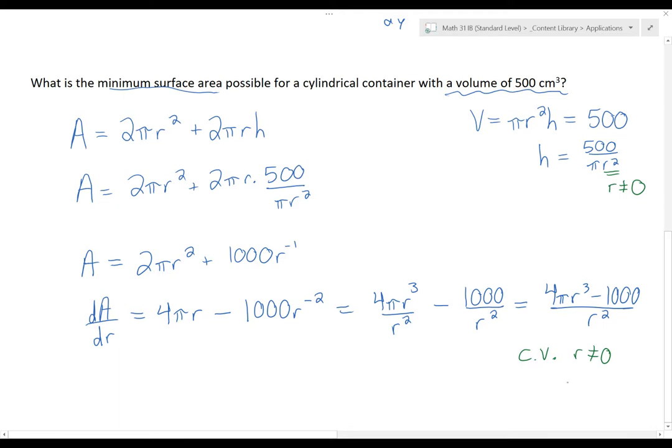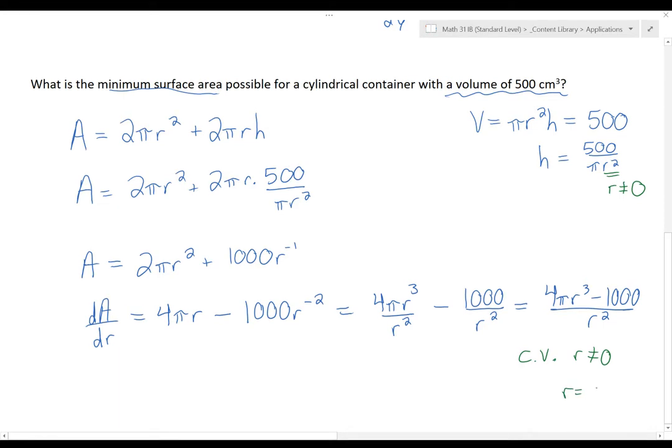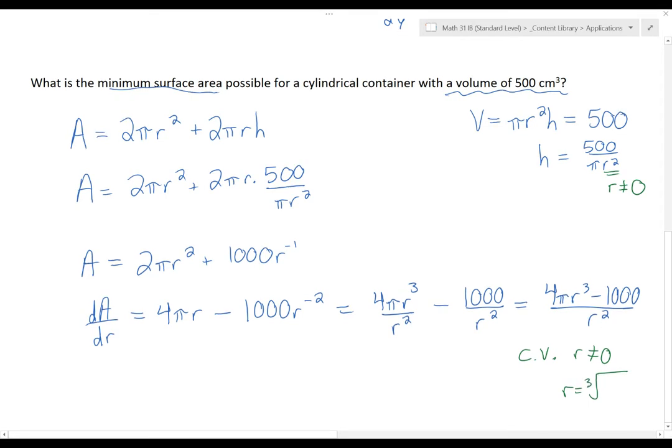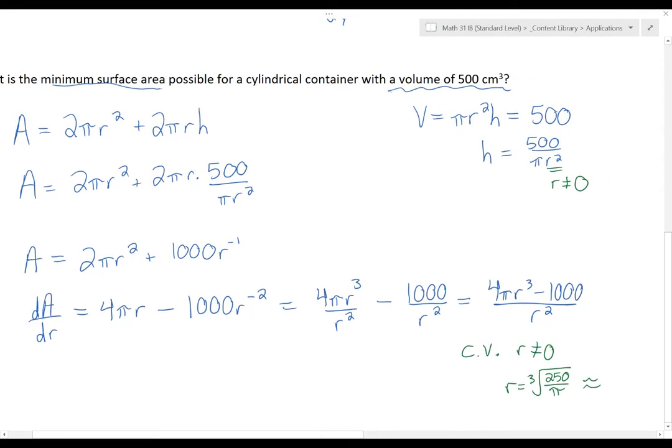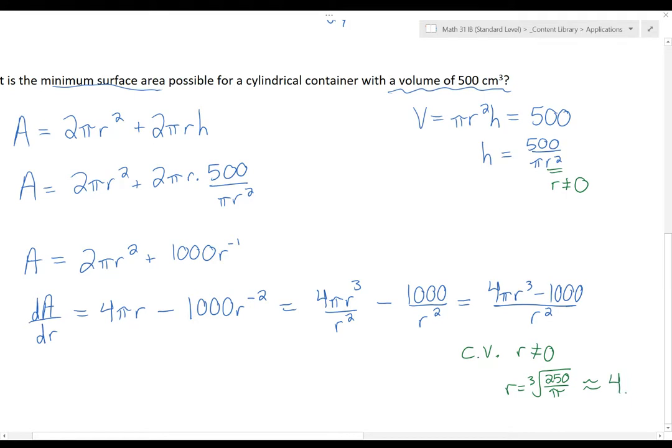But I also get critical values when r cubed, so in other words, r is going to equal the cubed root of 1,000 over 4 pi, so 250 over pi, which is approximately, if I do that division really quick, 250 divided by pi, and then the cubed root of that, we get about 4.3 centimeters, roughly.